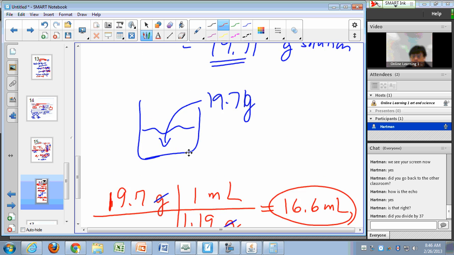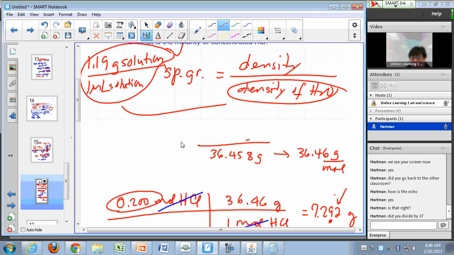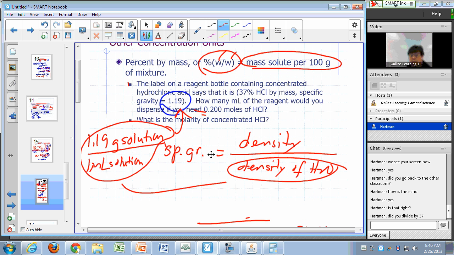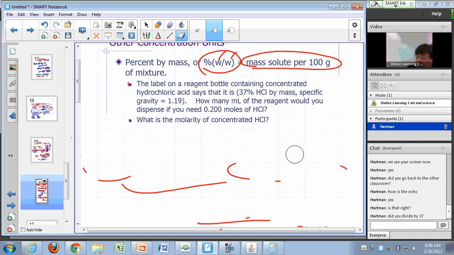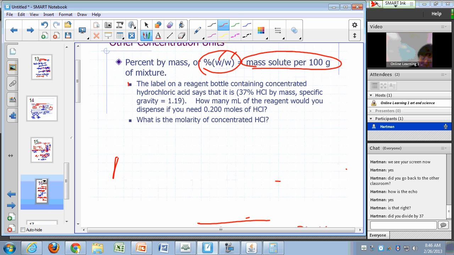Now, as a follow-up question to this, what's the molarity of your HCl solution? This concentrated stock solution that you have. Well, molarity is what? Moles per liter, right? Moles over volume. And any sample of your solution, the ratio of moles to volume would be the same.